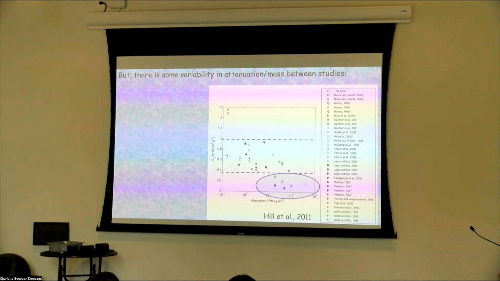Then when SPM becomes really large, it starts falling below. And then we have these outliers from Bishop, which we're not going to talk about. Mostly it's within a factor of 2 from the lowest to the largest values.